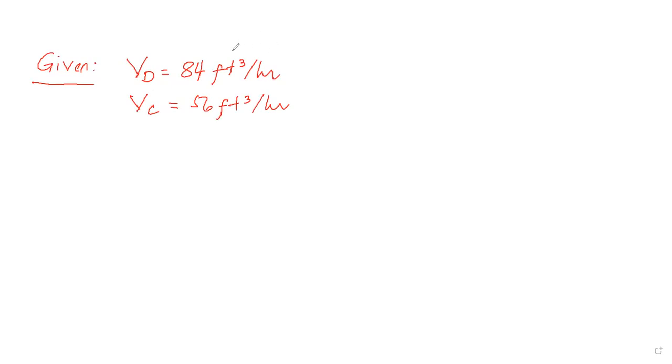So it is to be processed in a packed tower. Your packed tower has the following information. It will be using 1-inch Pall rings as the packing material, and it is to process the feed at 26.7 degrees Celsius.